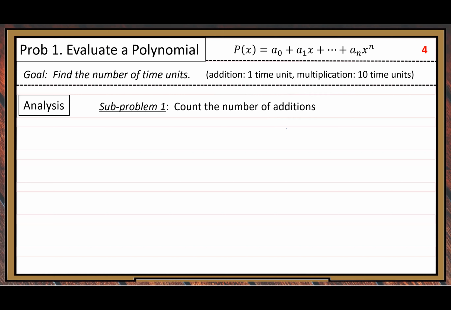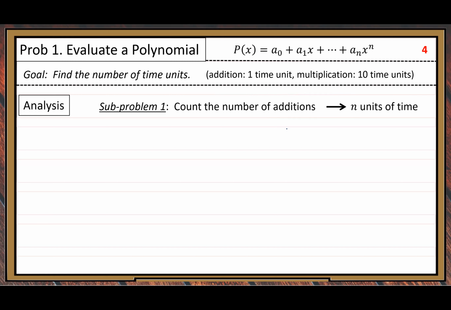Now let us count the number of additions we need. I call it subproblem number 1, but we have subproblem number 2, count the number of multiplications. Let us do one by one. And this one, it's an easier one. So let's do it.